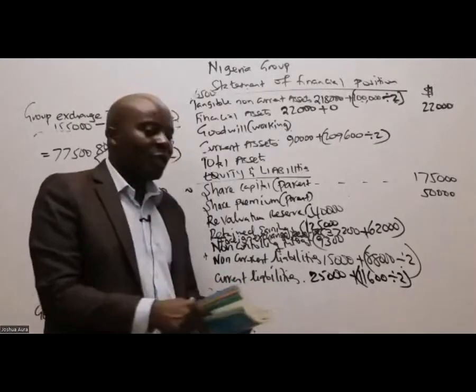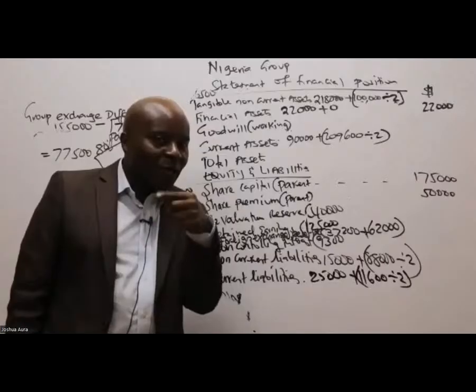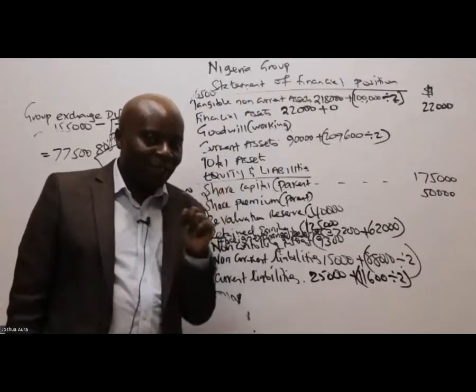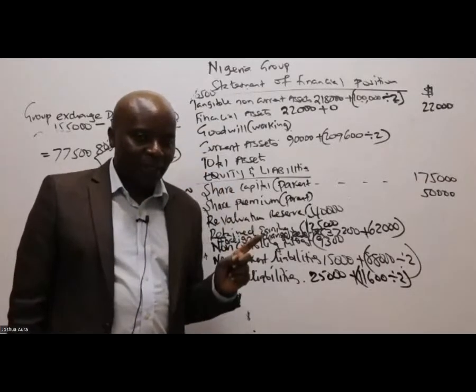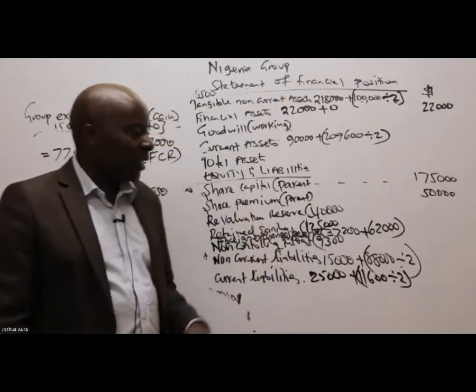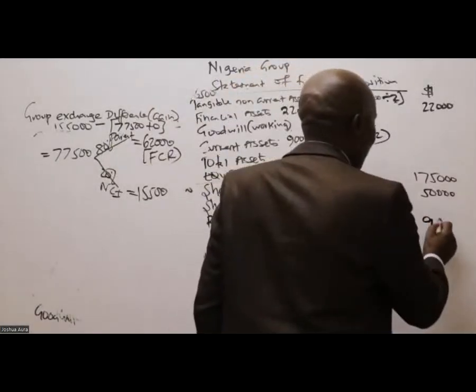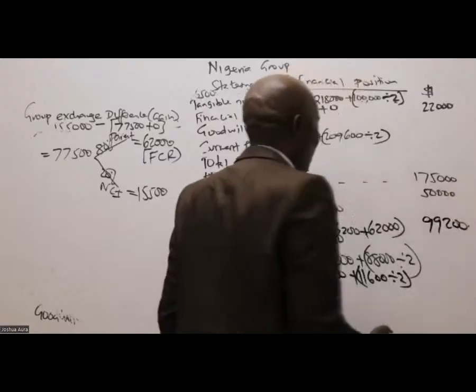Remember, foreign exchange reserve normally will come from retranslations of our net assets and the goodwill, only that. So somebody is giving us 99,200. I'm doing very well. 99,200 like that. You leave it like that.